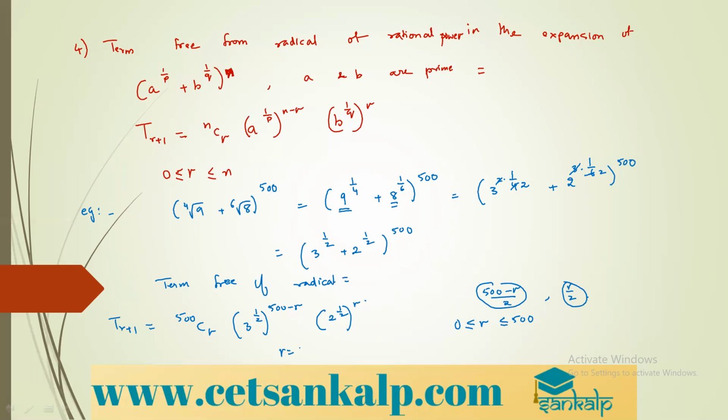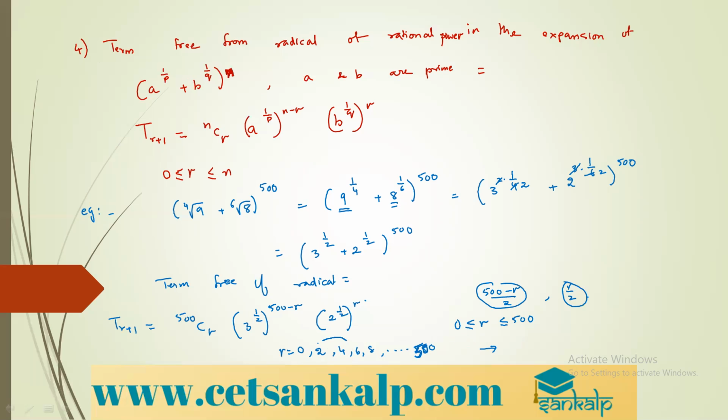That means r I can select 0 and all even numbers: 2, 4, 6, 8, and so on. Total how many values? r I can take from 0 to 500, but only even numbers. Out of 500, I am taking only even terms.